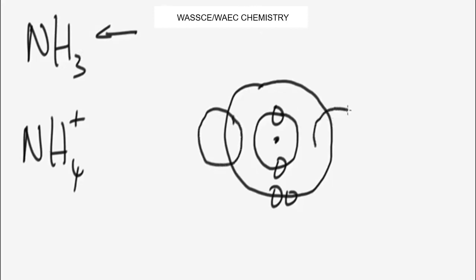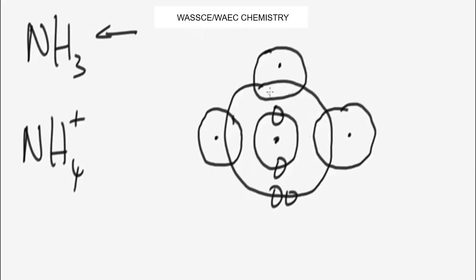So this is basically what's happening here, guys. I'm going to explain. This is a hydrogen atom. This is the nucleus. As you all know, hydrogen has atomic number 1.